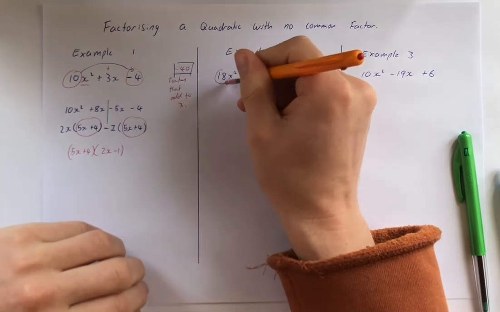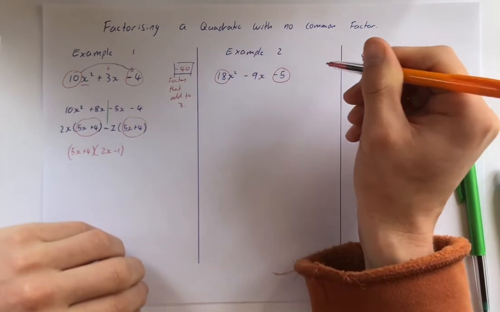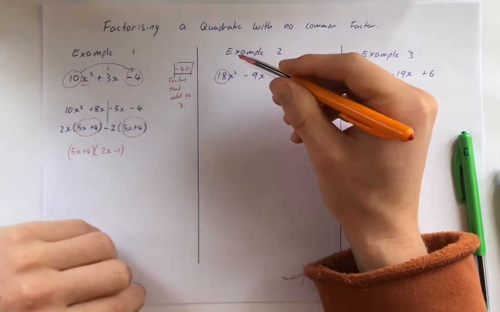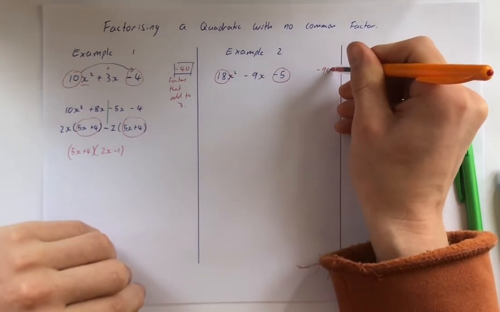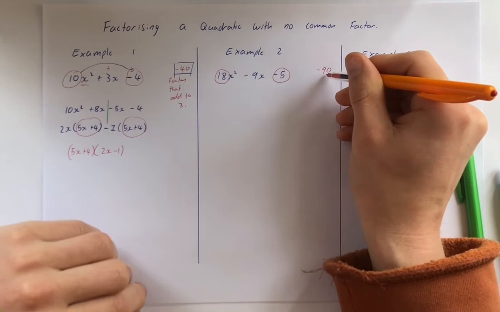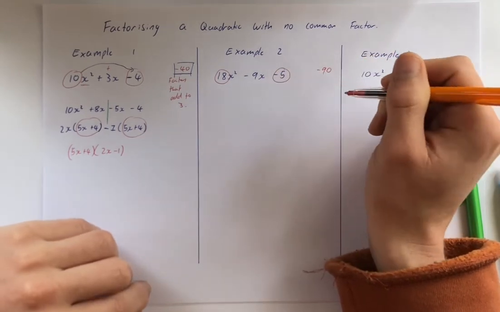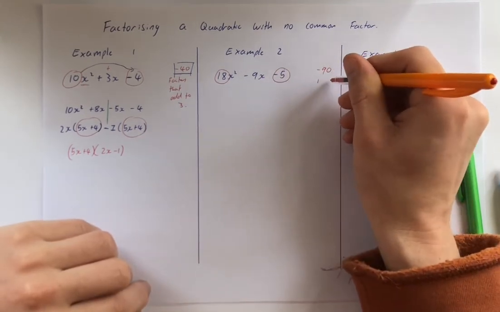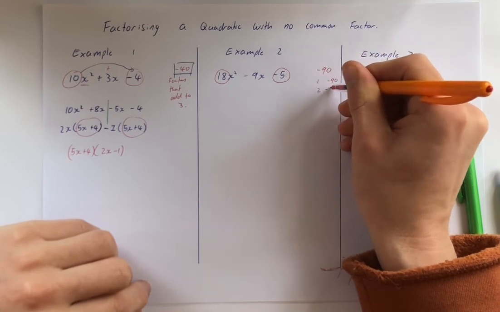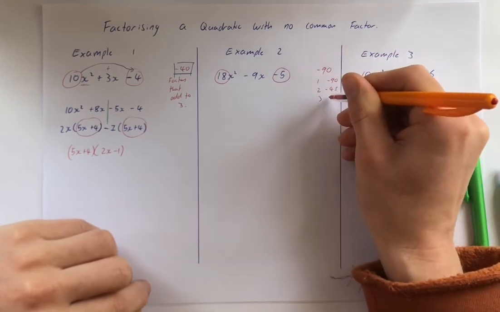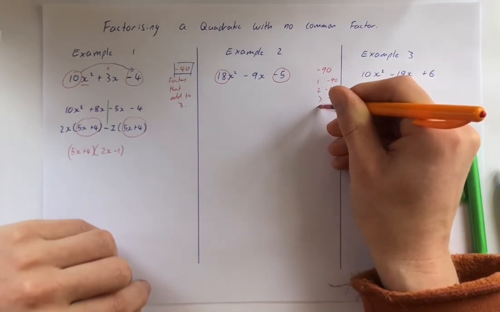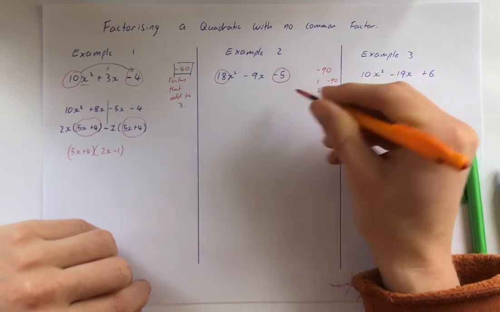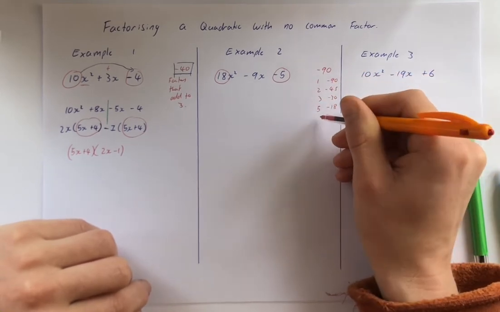So multiply your first and your last. Negative 5 times positive 18 is negative 90. Factors of negative 90 that give negative 9. So we could just list them. 1 and negative 90, 2 and negative 45, 3 and negative 30, 4 isn't going to work, 5 and negative 18.